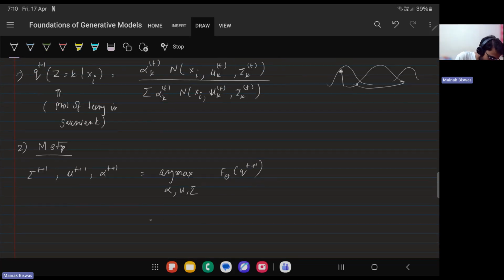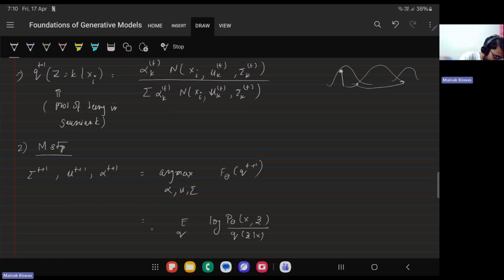If you recall, we had written this down as the expected value over q of log of p theta of x comma z divided by q of z given x, isn't it?